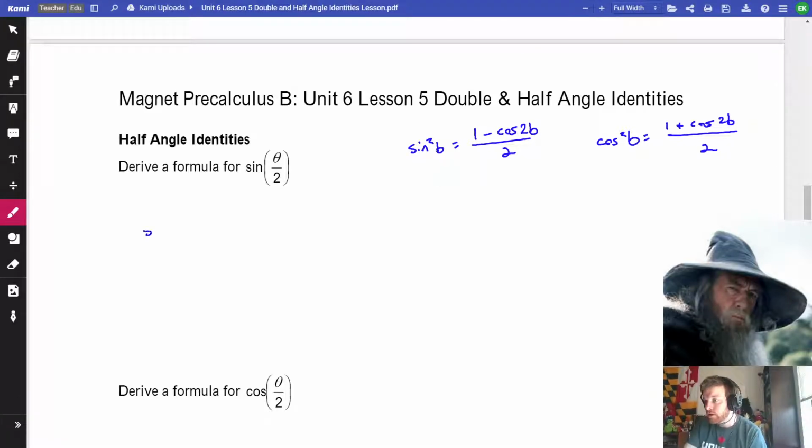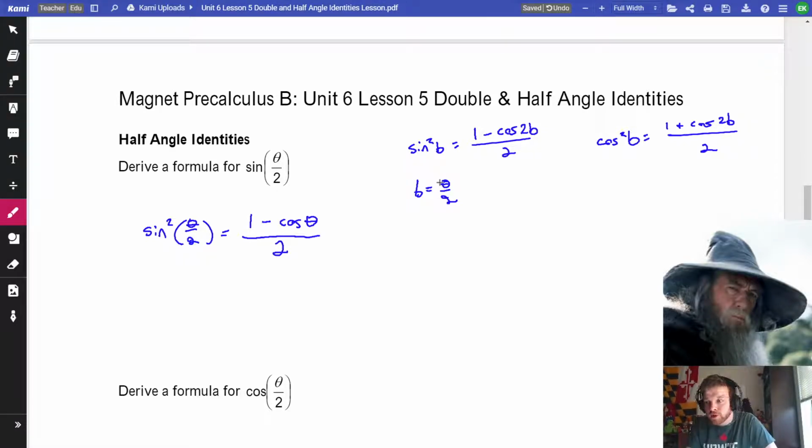Let me actually do that here. Sine squared theta over 2, I'm going to write b is equal to theta over 2. Sine squared theta over 2, that is just an angle. That is going to be equal to 1 minus cosine of that angle multiplied by 2. Theta over 2 times 2 is just theta, divided by 2.